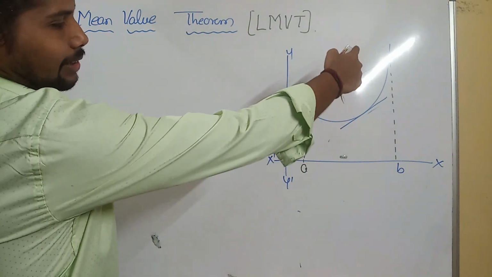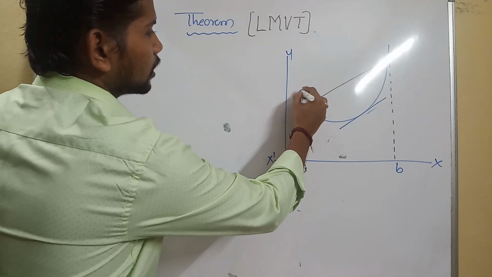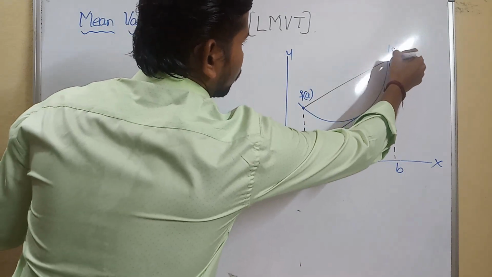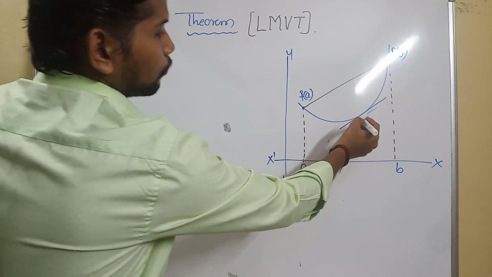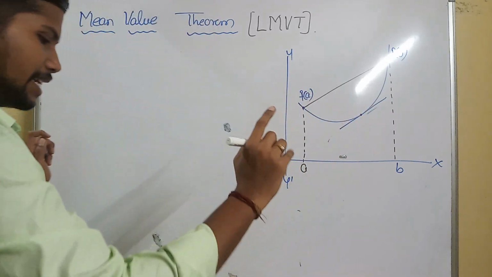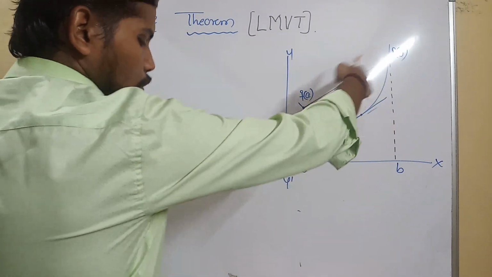Here the curve is like this. Now this particular point is f of a. This is for b, it will be f of b. For this particular point, this is the point c here, means the tangent is parallel to the chord here.